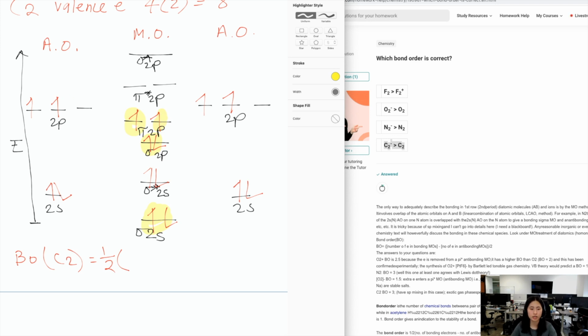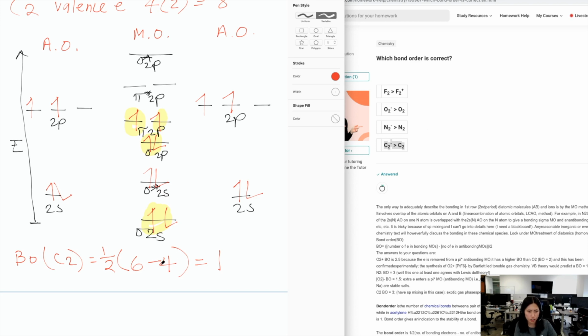So for carbon, there's going to be 6 electrons in your bonding orbital. And then for anti, that's just 4. So 6 minus 4 is 2 times 1/2, that's equal to 1. So bond order of C2 is equal to 1.